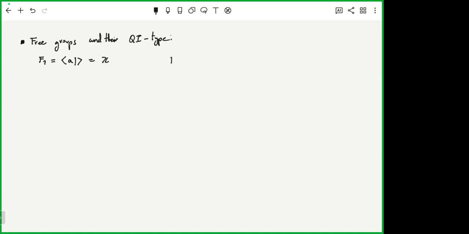Now F2 is a finite rank free group on two generators. And so in general, Fn can be seen as a free group on n generators, so as a free product of n copies of the integers.